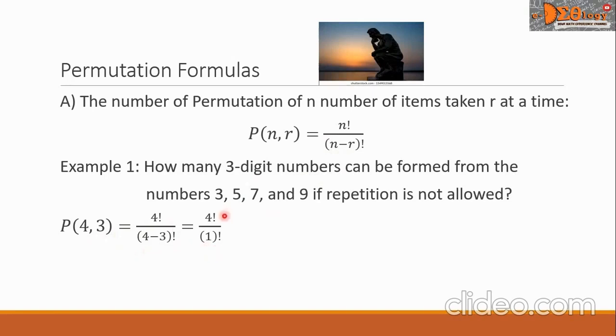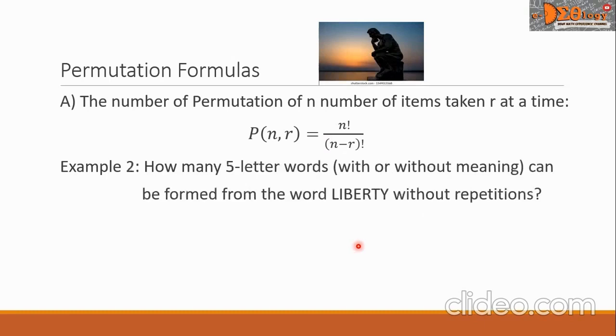Simplifying further, the 4 factorial becomes 4 times 3 times 2 times 1 all over 1 factorial, which is also 1. And our final answer here is 24, which is the same answer in our previous example. Let's have example 2.